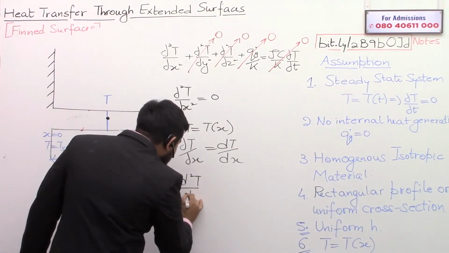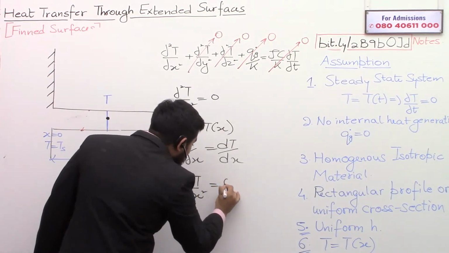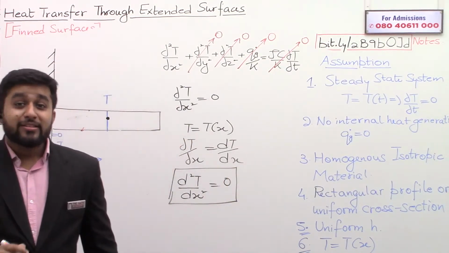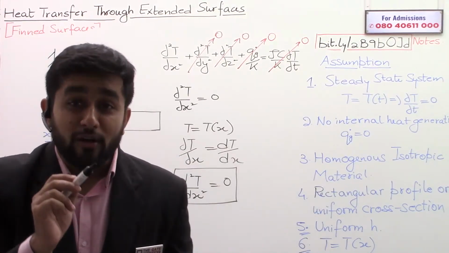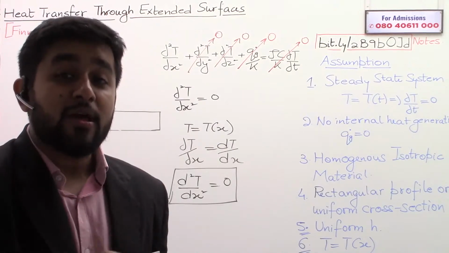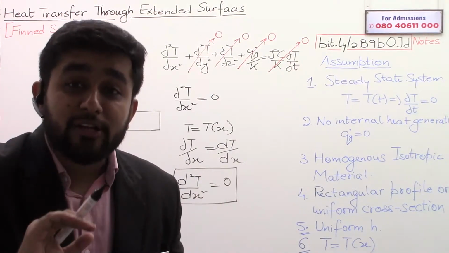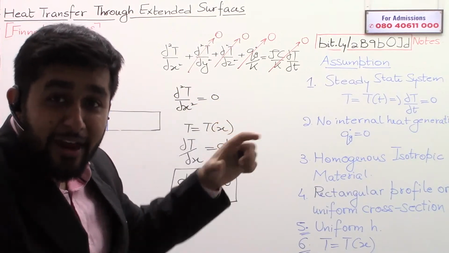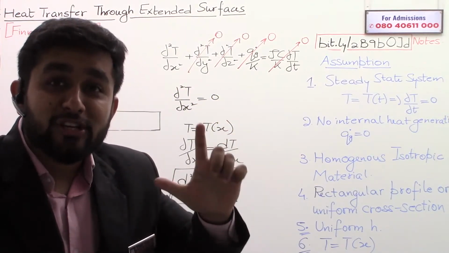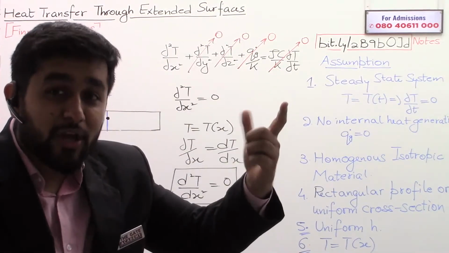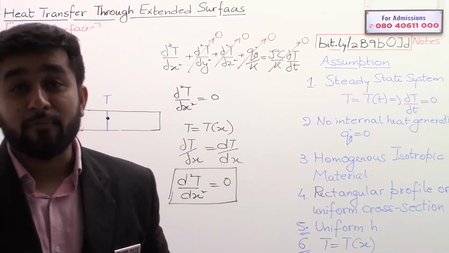So d square T by dx square is equal to 0. This is the differential equation for solving temperature as a function of x inside the material. Why am I saying again inside the material? Because please note, I have written the equation of conduction, and it is inside the material that conduction is going on. Outside the material, convection is going on. I'm talking of inside the material.